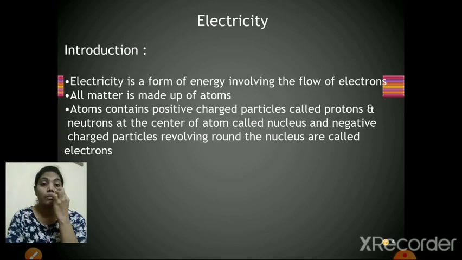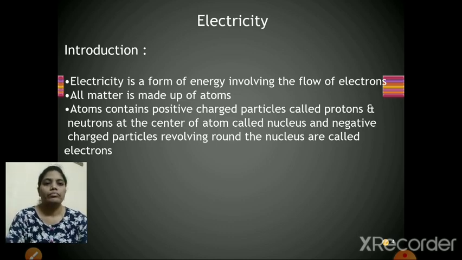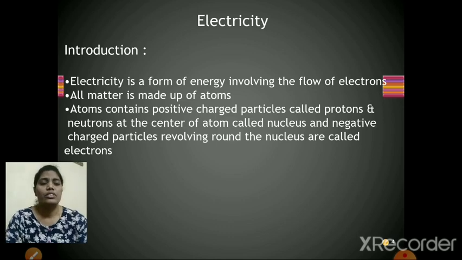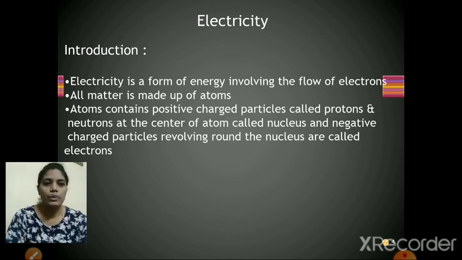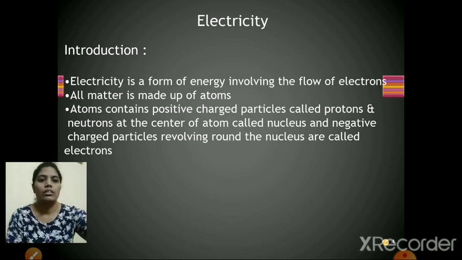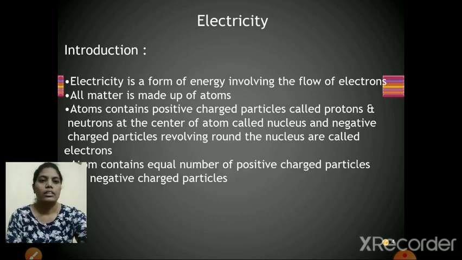Now, these atoms contain positive charged particles which are called protons and neutrons which are at the center of the atom, and the center of the atom is called the nucleus, and negative charged particles which are revolving around this nucleus are called electrons.